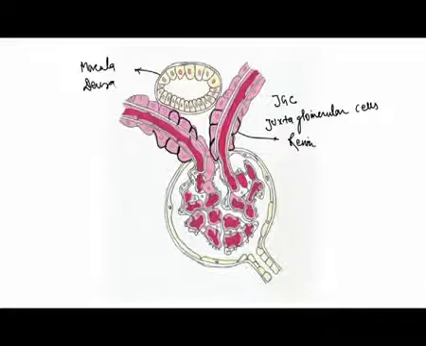So, this macula densa is a modified distal convoluted tubule, and these juxtaglomerular cells are what make up the renin-angiotensin system, and of course, these are all the Bowman's capsule area.